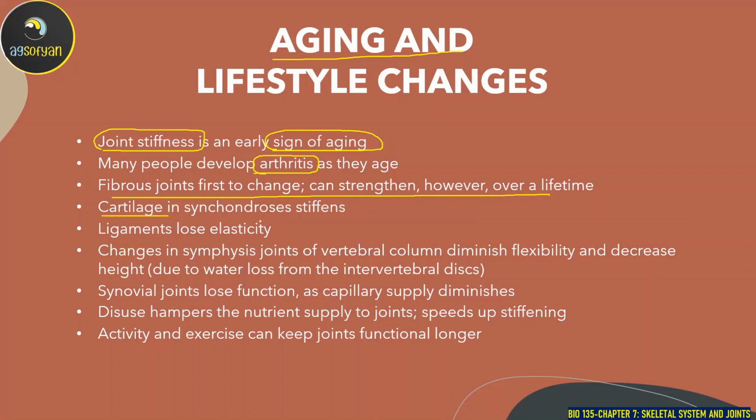Cartilage also becomes stiffened, harder, just like bone. Some ligaments will lose elasticity. There are changes in the symphysis joint, so there is less flexibility in our movement in the pubic area. Synovial joints lose their function.